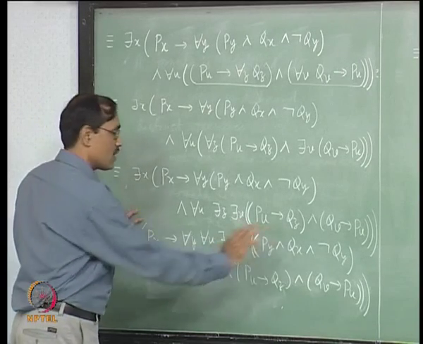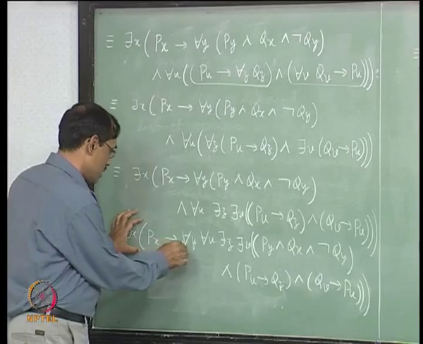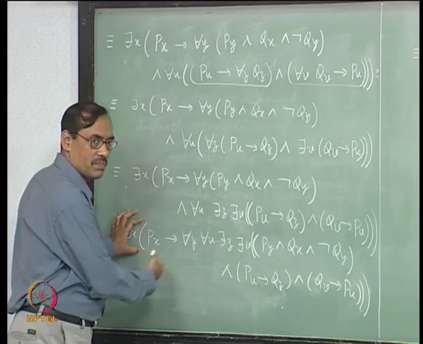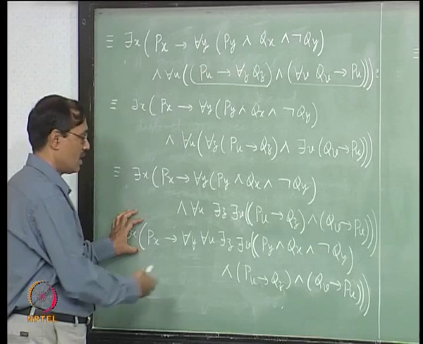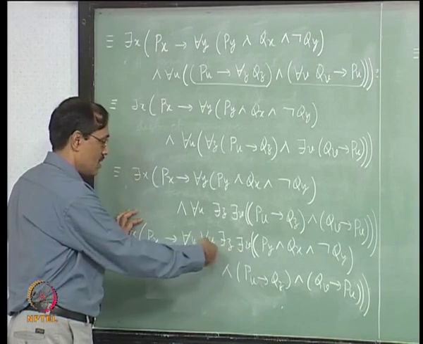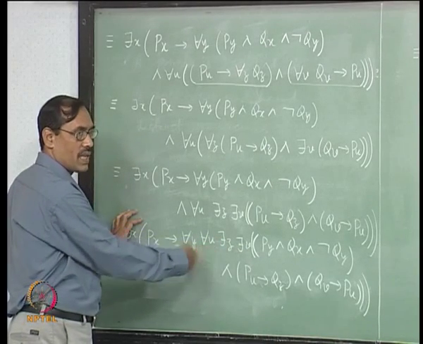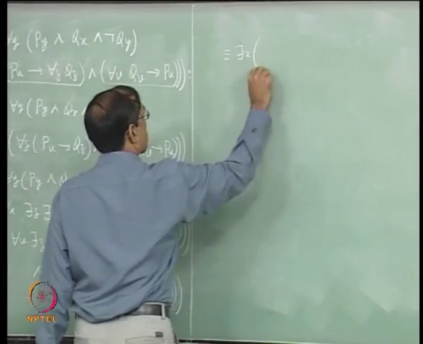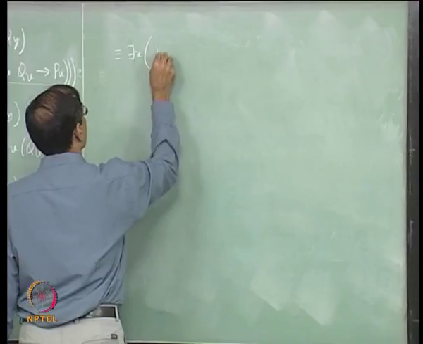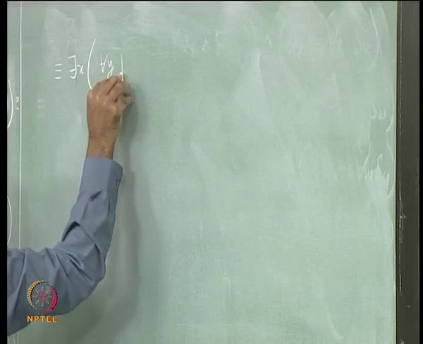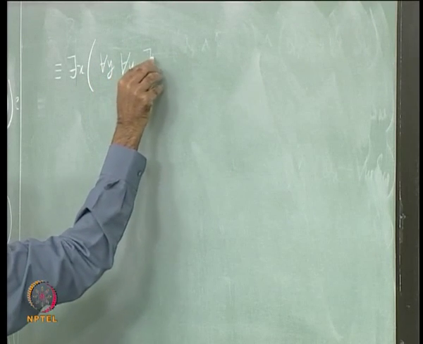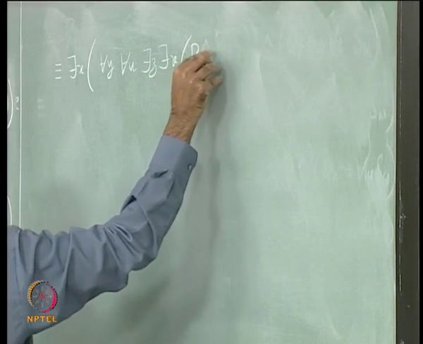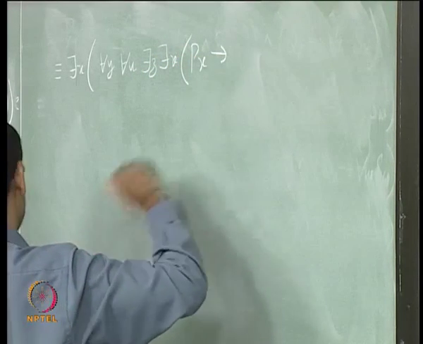On the right side also there is x, but x is not one of the quantifiers, right. So, that can be pulled to the beginning, and since it is on the right side of implication, nothing will change, it will be kept as it is. So, it will look like there is x, for each y, for each u, there is z, there is v, p x implies the rest.